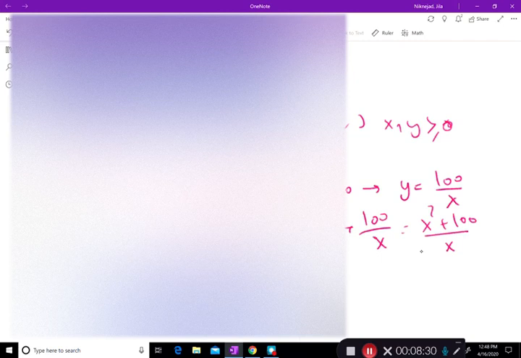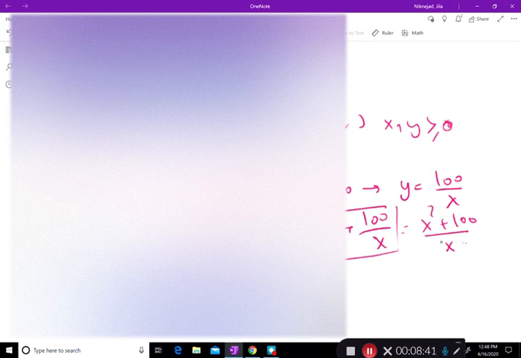And then from here, I have to take the derivative. Look at this one. I like that one for the derivative much better than this one. So I'm going to take the derivative of that.